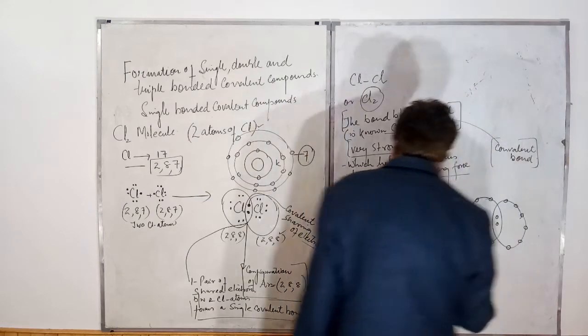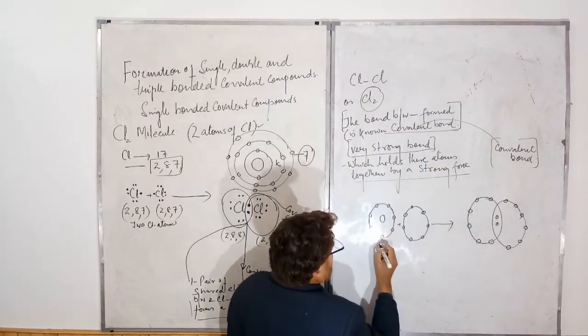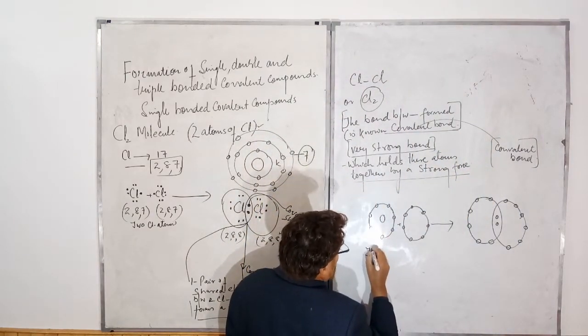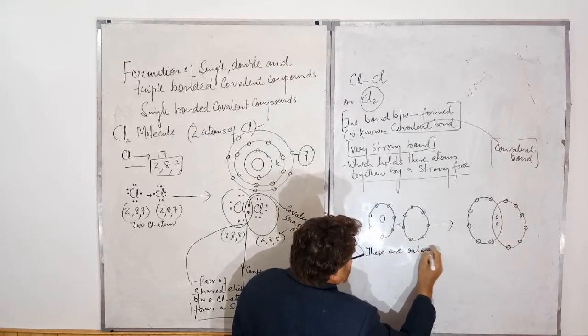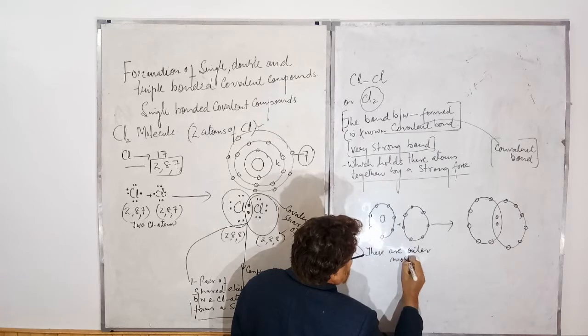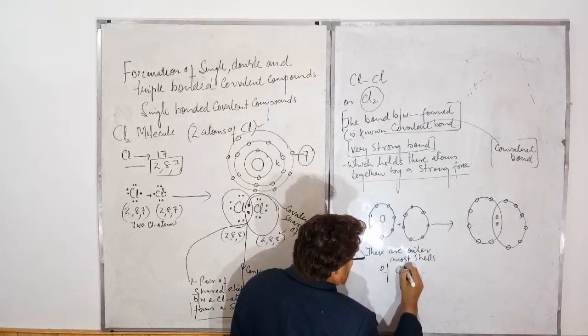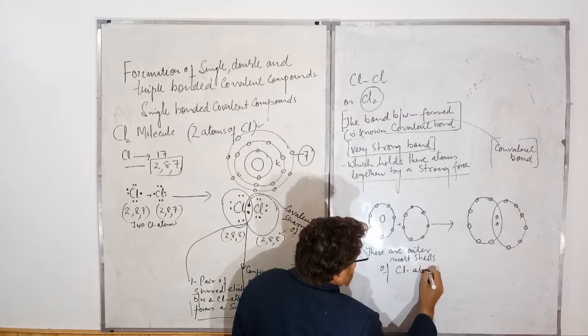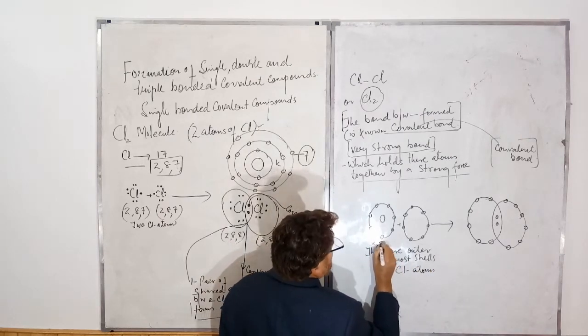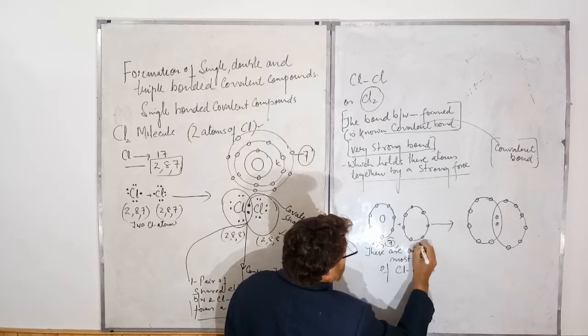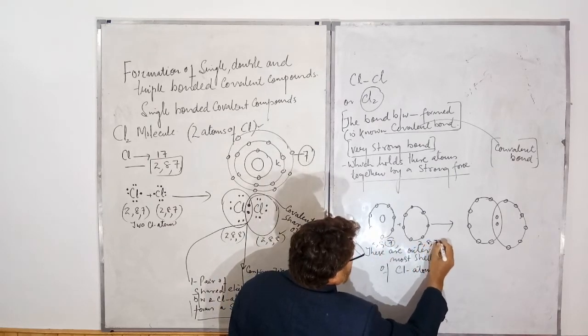Same here. These are the outermost shells of the chlorine atoms, 2, 8, 7 and 2, 8, 7.